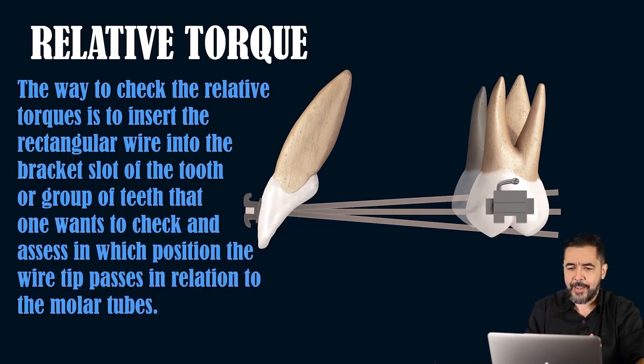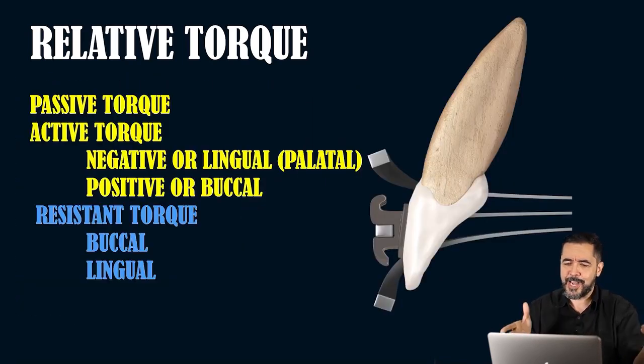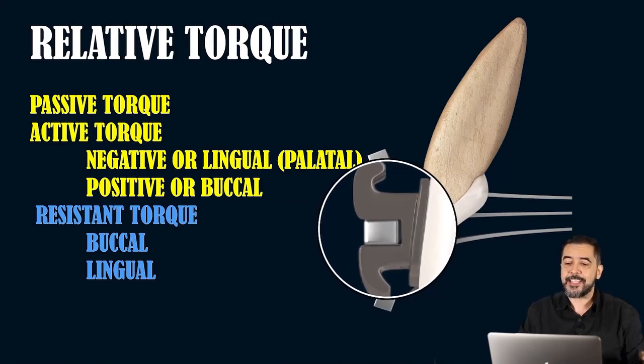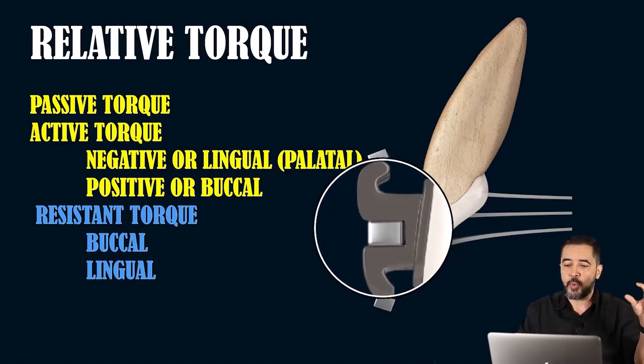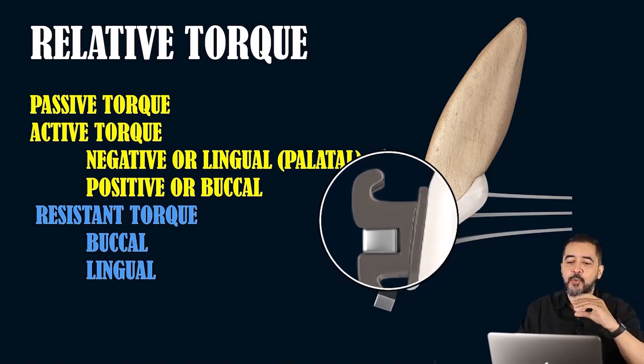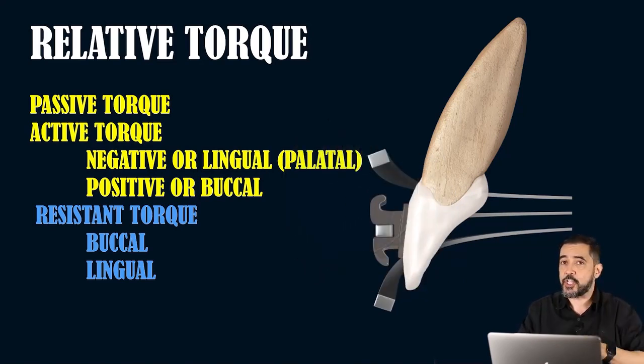Let me go back again to this image here, which I love. It explains everything about the relative torque. We have the possibility of having a passive torque. As you can see here, we don't have activity. We have no activity inside the slot. So the torsion of the arch wire found the right inclination of the slot.